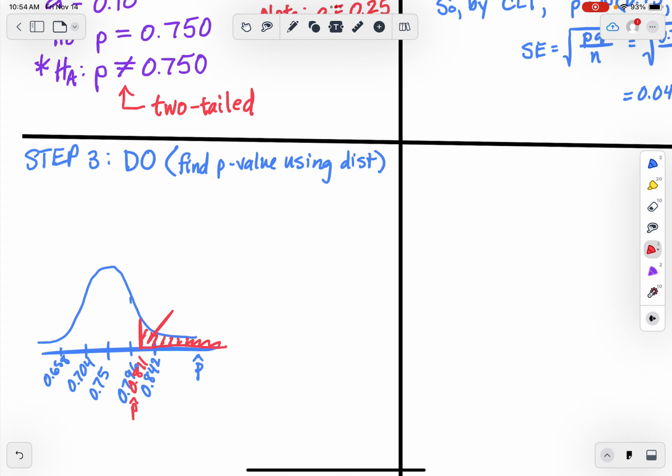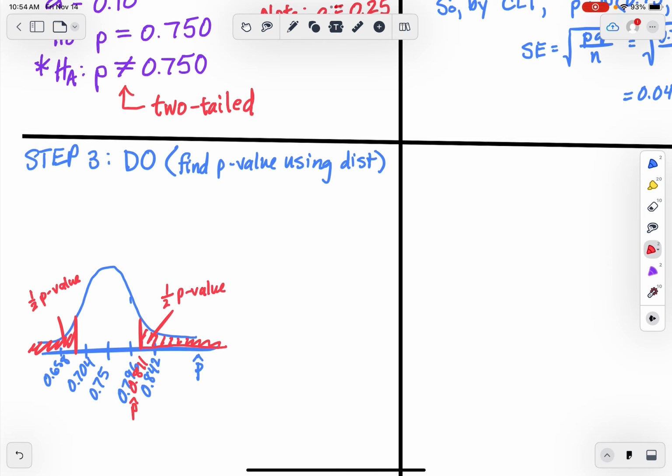Because remember, I'm two-tailed, and the other half of my p-value is going to be on the other side here. It's going to match that area over here. So this is the other half of the p-value because we're two-tailed.